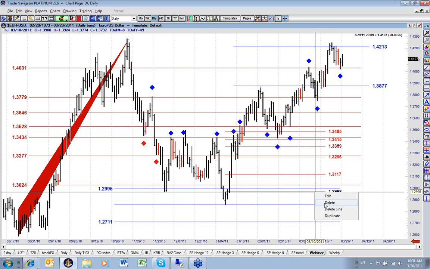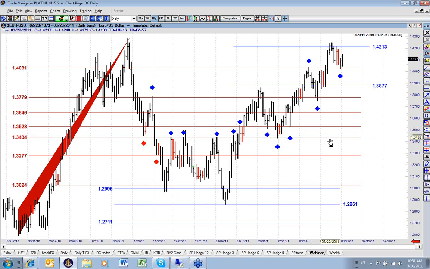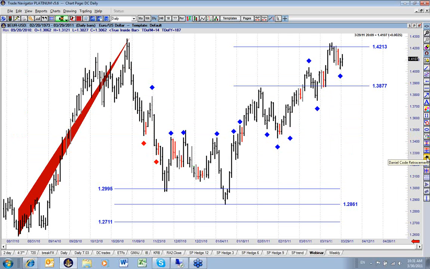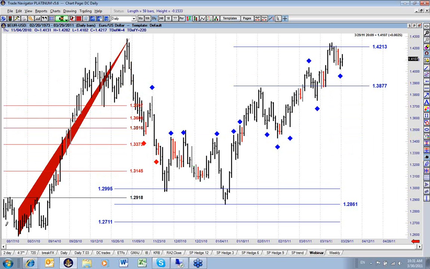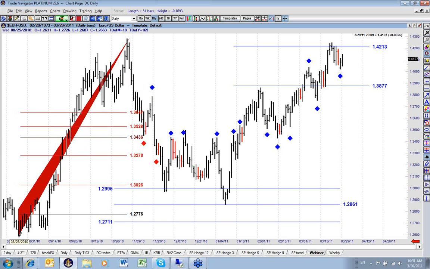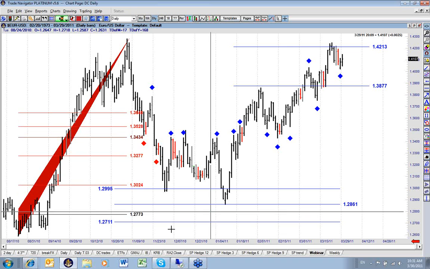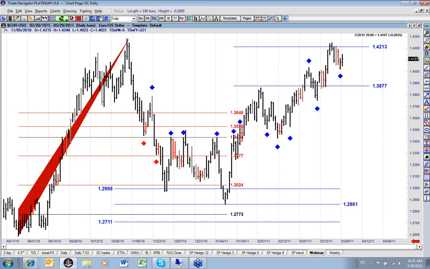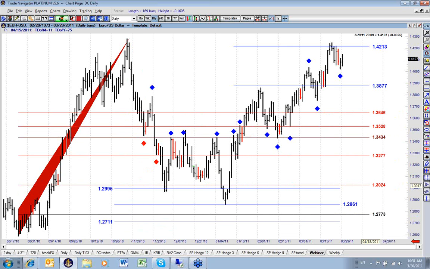So let me just show you that again. We'll get rid of this. We'll run the retracement from this high down to this low, and there you have your Danielcode retracements. Very easy. It's all set up for you.